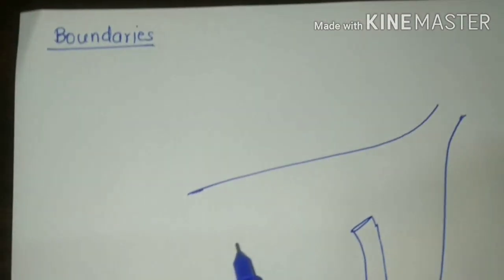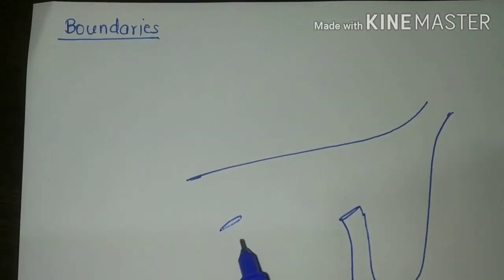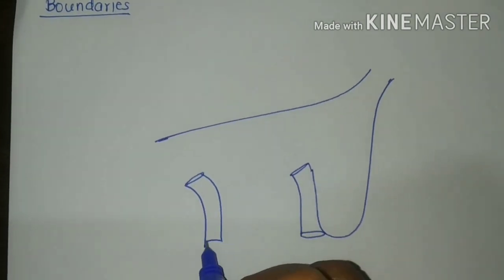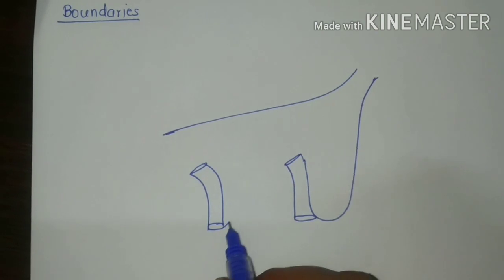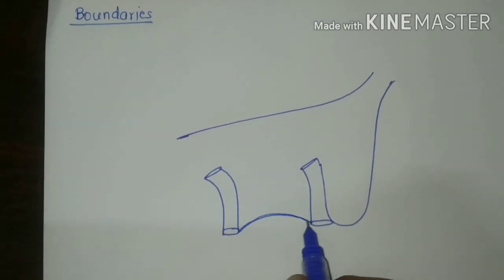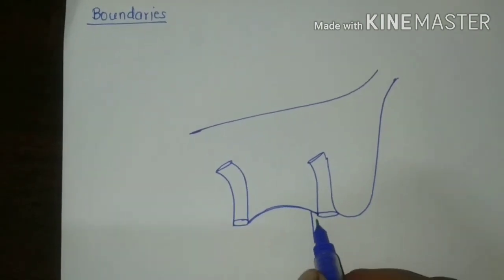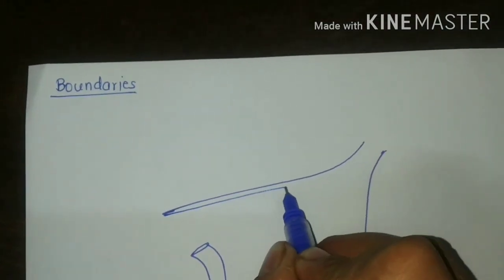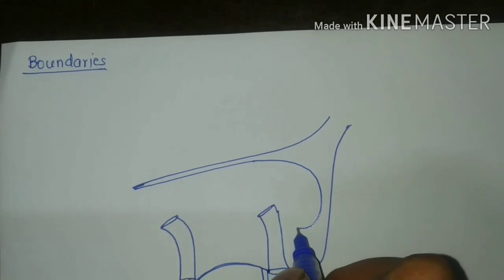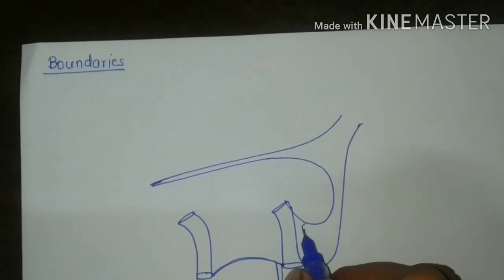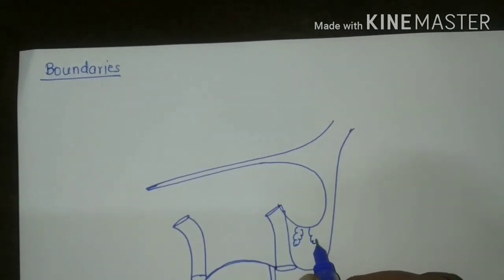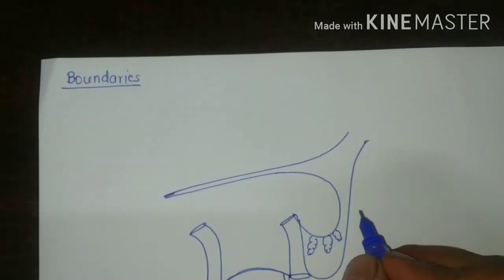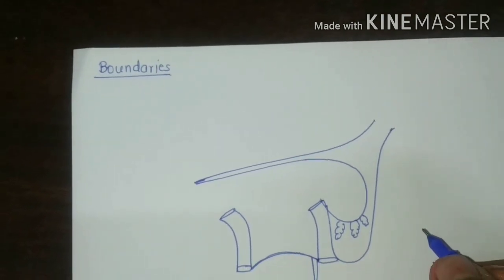Then anteriorly there is canal for internal carotid artery. This is the jugular fossa, and here there is styloid process. Clear? This is the mastoid antrum, and these are again the mastoid air cells. Clear? So with this we will come to the boundaries now.